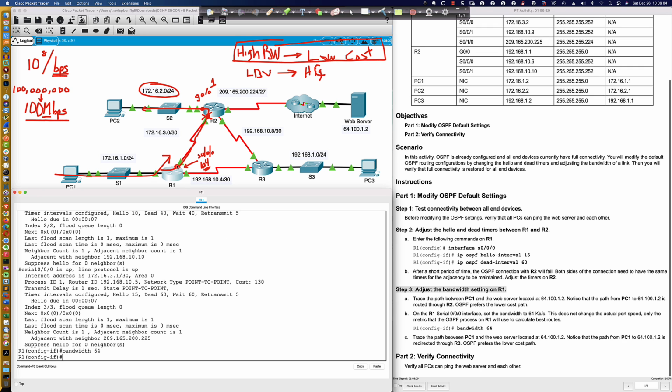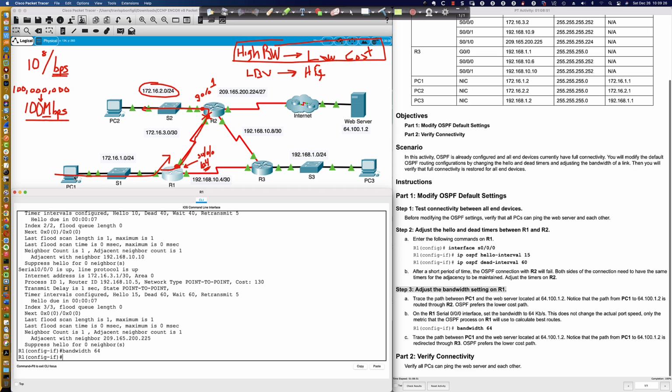Now, do I only do it here because I'm thinking that we're talking about these outgoing interfaces? Well, yes. You might think, okay, that's the path that I would want to take or that I would not want to take. But is that what we want to do?